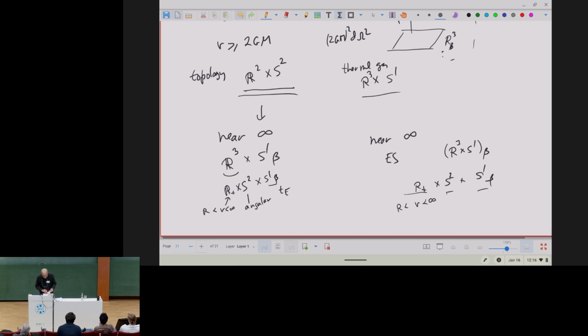Are there any more questions? Since you mentioned that this analysis holds for Einstein-Maxwell theory as well, I was wondering what it would imply for an extremal black hole, for instance.